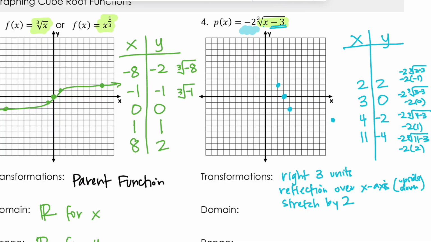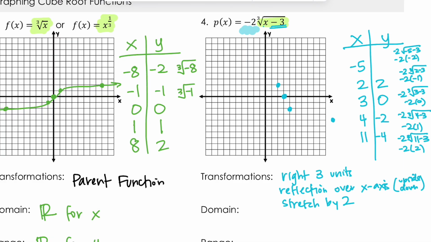What would make the underneath green part -8? Because I know I can do a cube root of -8. So in order to get that green part -8, I'm going to plug in -5. Okay. If I plug in -5, I still have that out front. -5 minus 3 is -8. The cube root of -8 is -2.